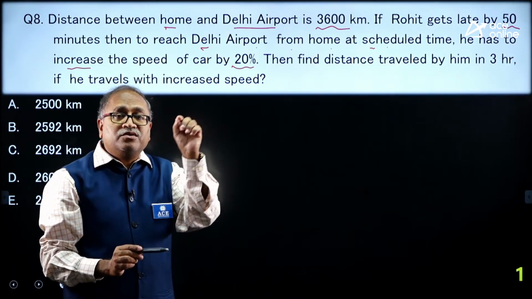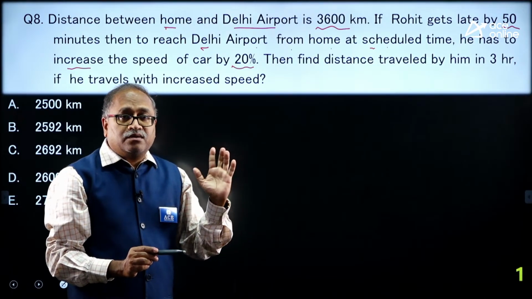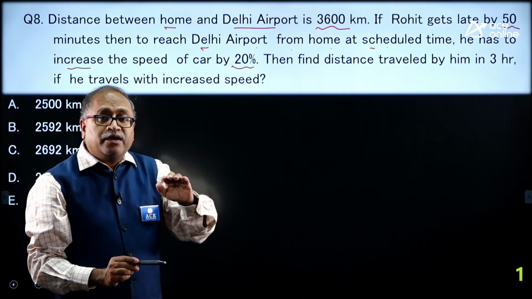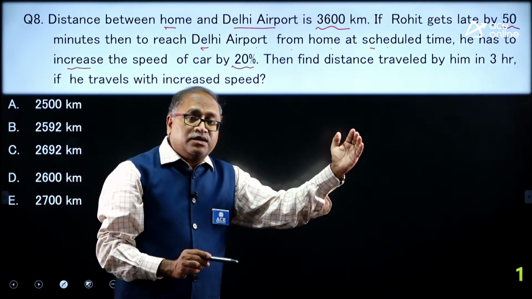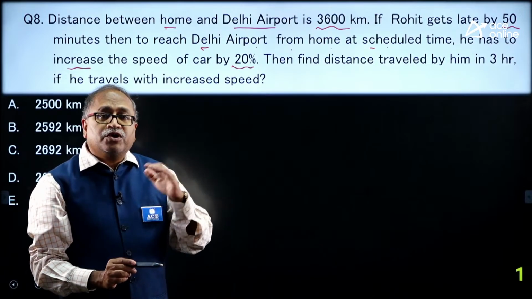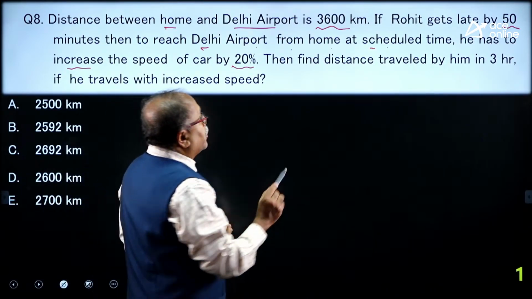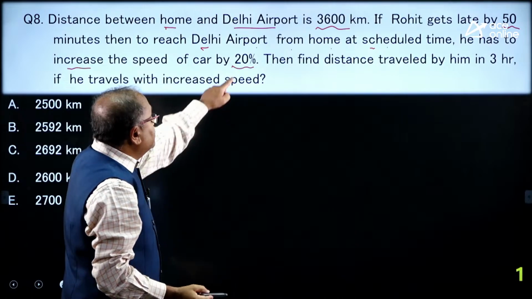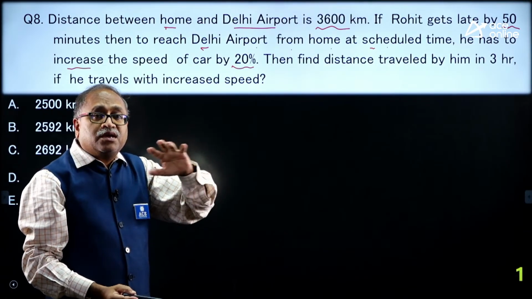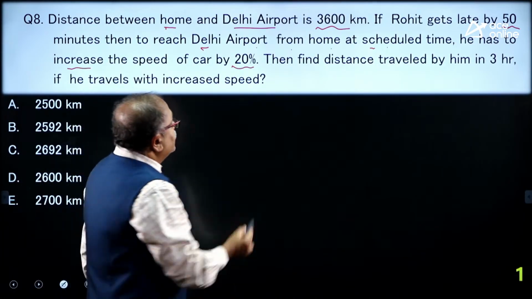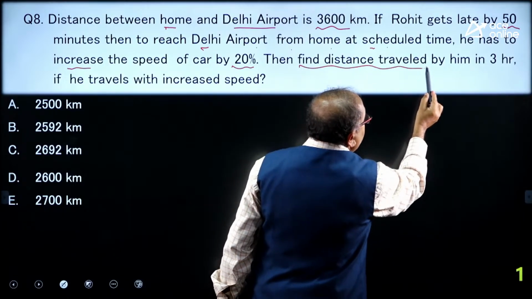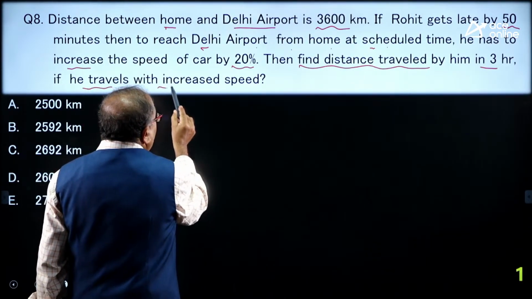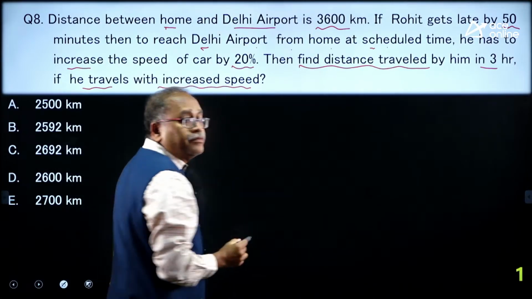So in order to reach the airport on time, he increased the speed by 20% and reached on time. By increasing the speed 20%, he covered that delay. Now find the distance travelled by him in 3 hours at the increased speed.